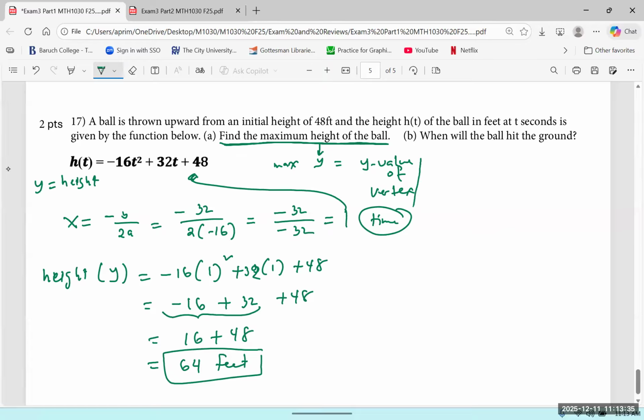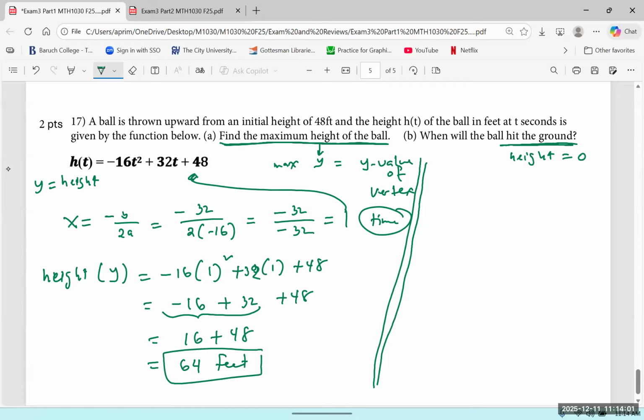So they will ask you either for the maximum, minimum, x value or the y value of the vertex, or they will ask for the y value by giving you some other y value. For example, here they're asking when the ball will hit the ground. So what information did they give us here? The height is 0.